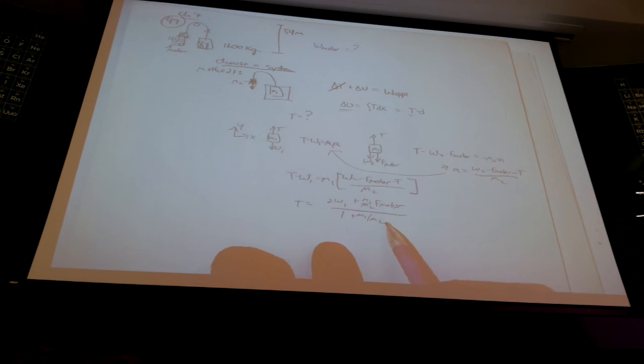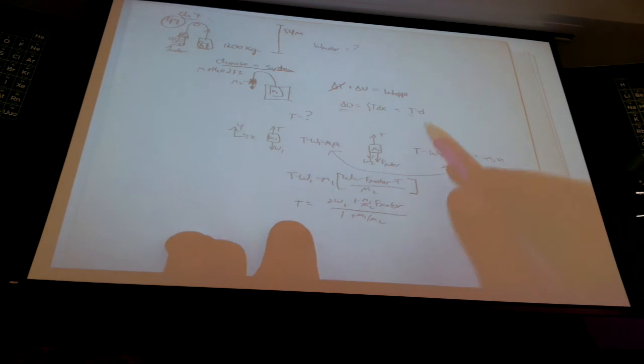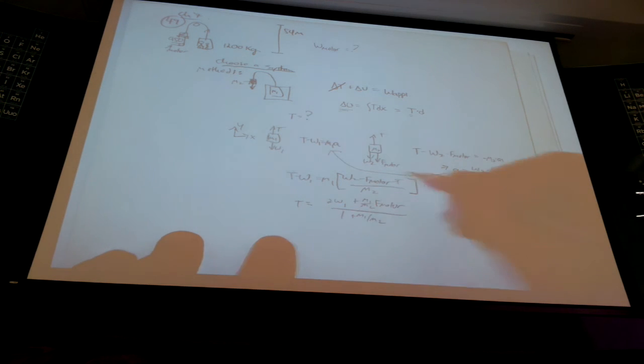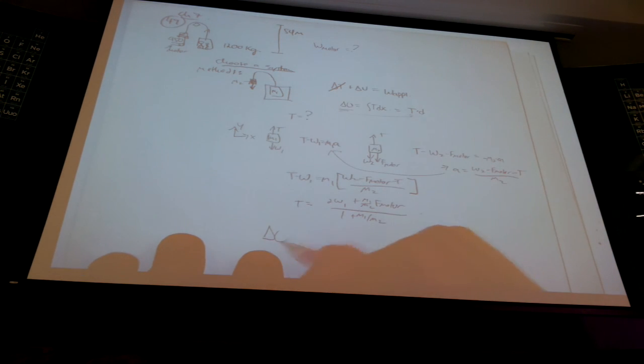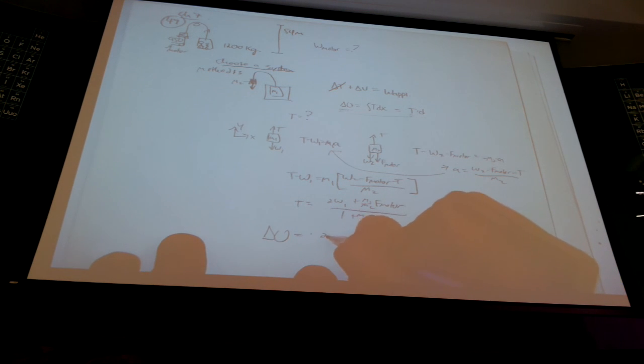Let me go ahead and do that. I'll plug that in here to this formula, which gives me delta U equals all this times D. And this one also is mgd because it goes up.